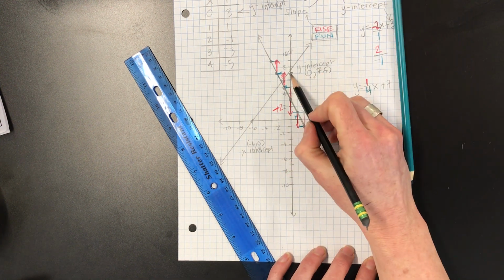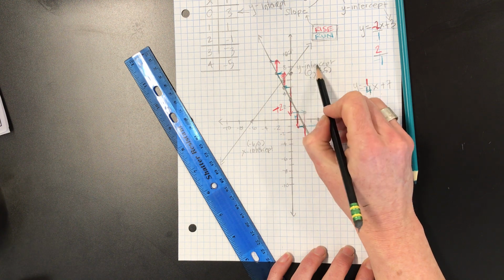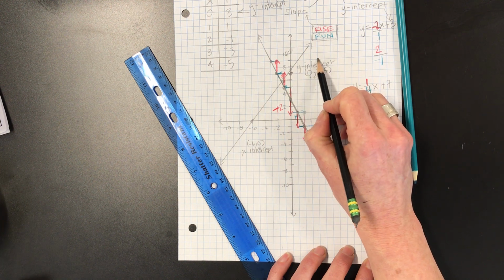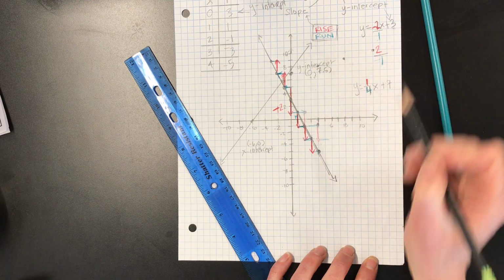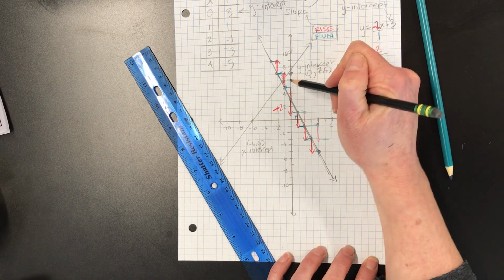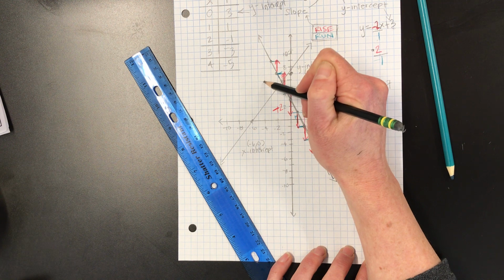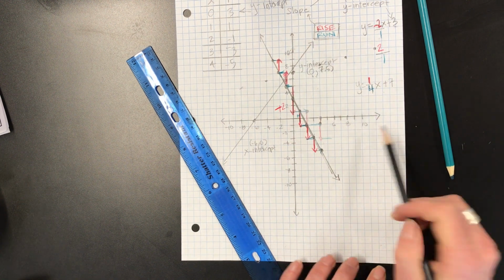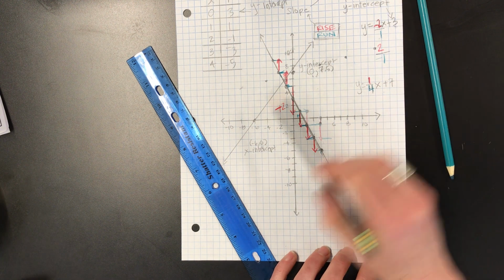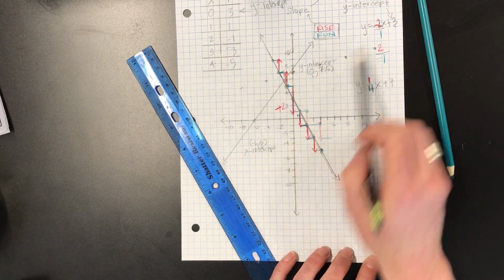So it would look like up 1 and over 4, up 1 and over 4, up 1 and over 4, or down 1 and -4 in my run that way. So this is my slope, and I can plot it using rise and run strategies.